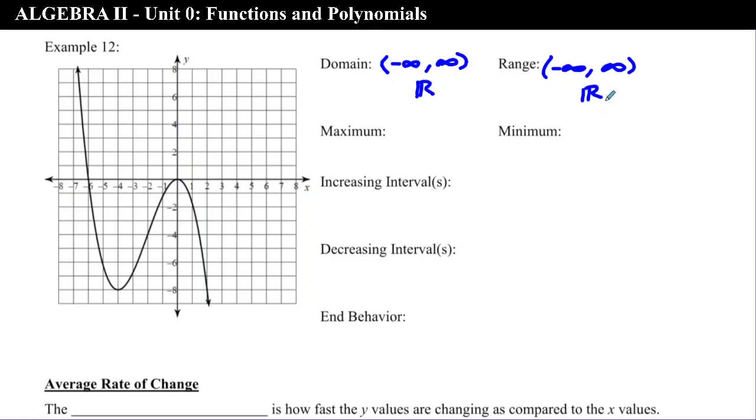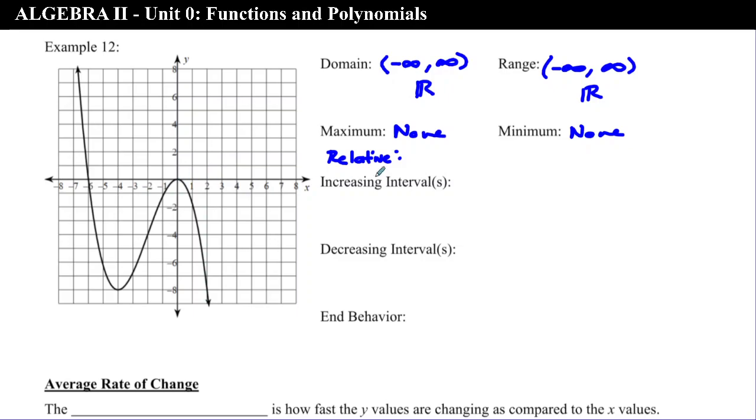All right, let's talk about maximum and minimum. Well, it infinitely goes up and it infinitely goes down. And if we're assuming we're talking about absolute, in both cases, we have none. But if you were to be asked for relative maxes and mins, well, we have a neighborhood here.